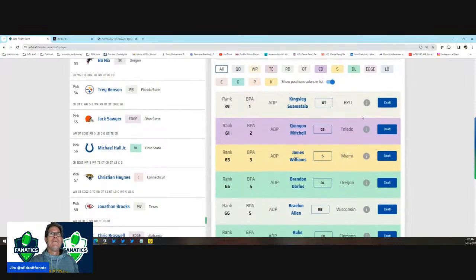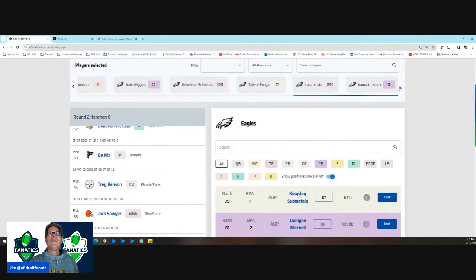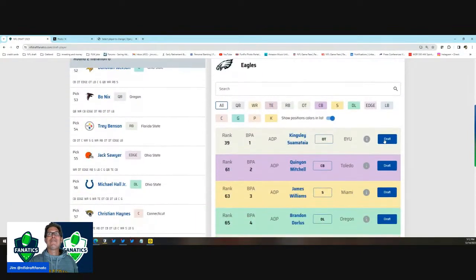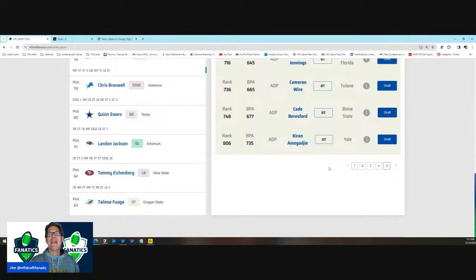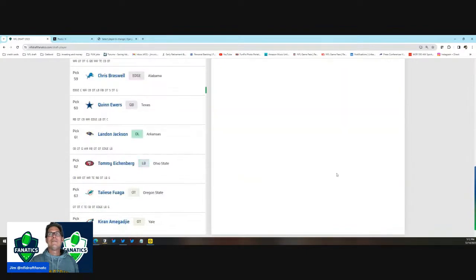And then haven't taken the offensive tackle yet. Let me check one other thing. I don't think I've taken the Yale offensive tackle this time yet.